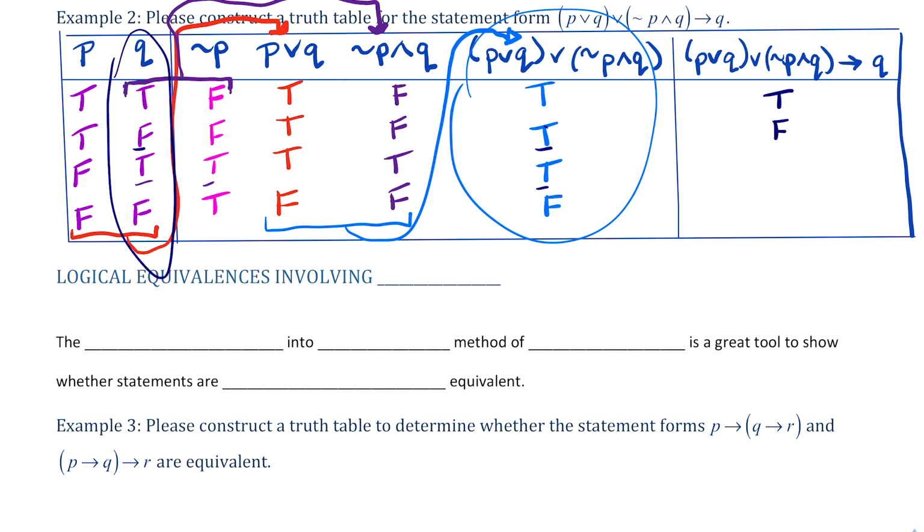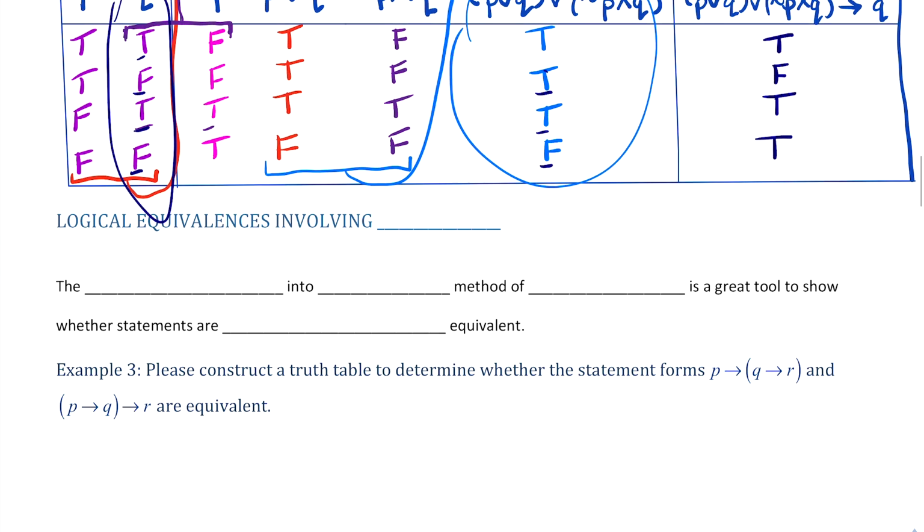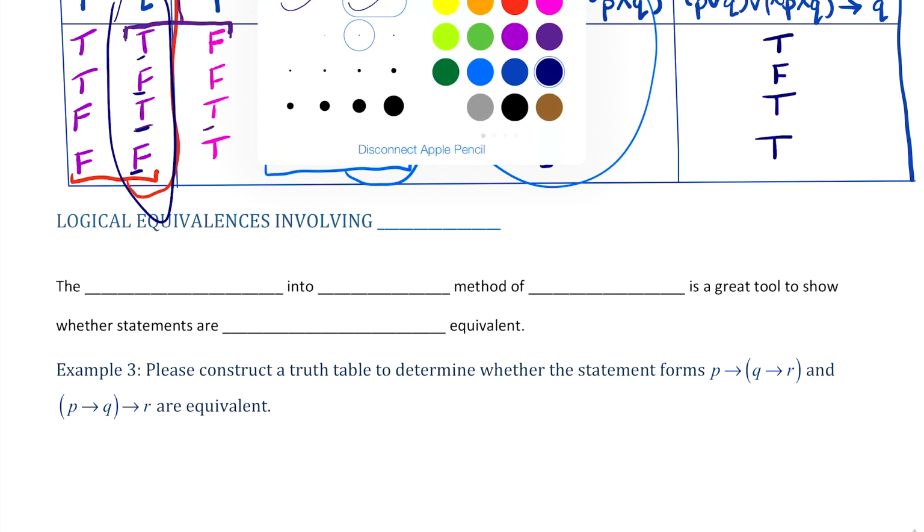And we have a true and a true again, which is a true, and then a false and a false is a true logically. All right? So here are the truth values for that if-then statement.